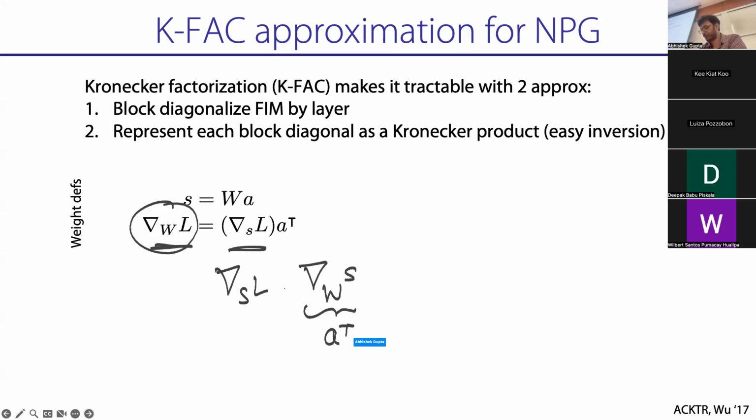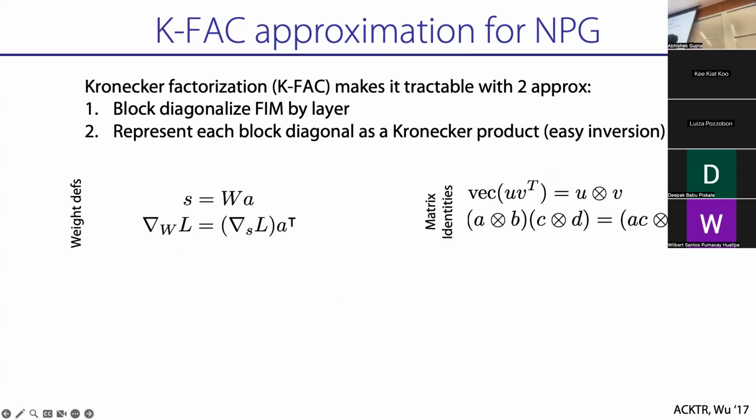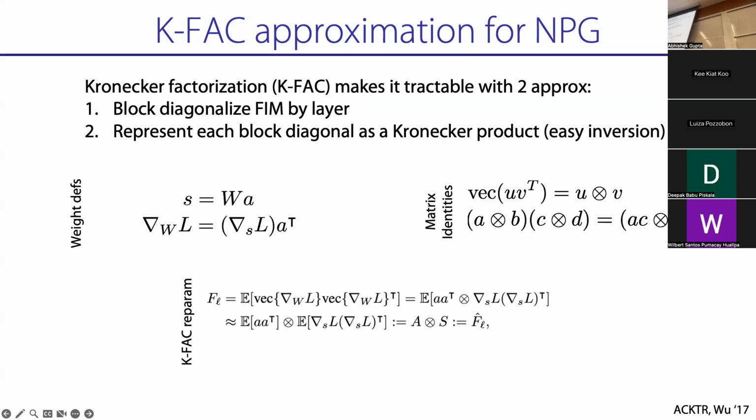And so the nice thing now, going back to our matrix identities about the Kronecker product, is that you can write this as A cross grad LS.